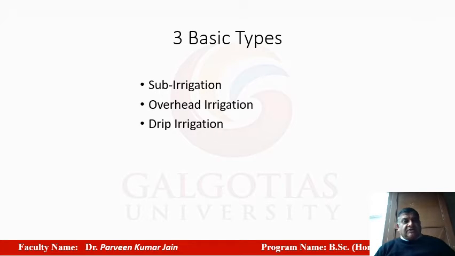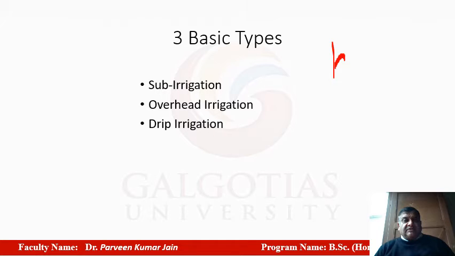Particularly in protected cultivation, we have different types. Sub irrigation means there are certain piping systems laid underground, and from there the water is allowed to come slowly and wet the root zone, so the plants can take water from there.